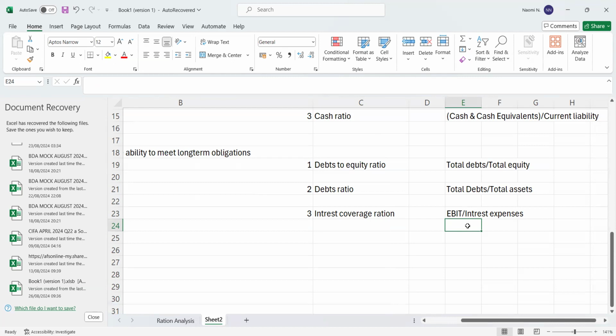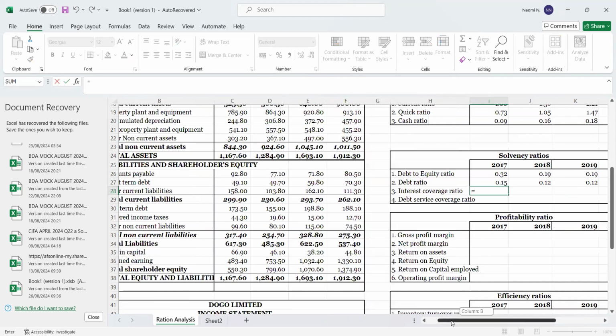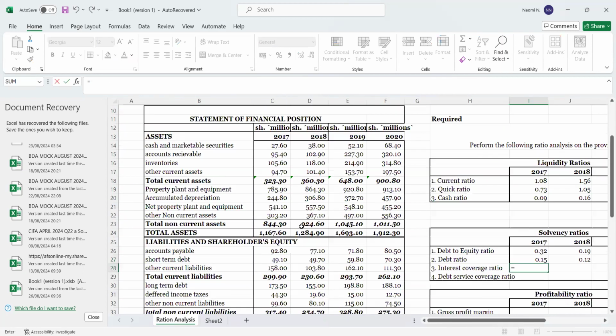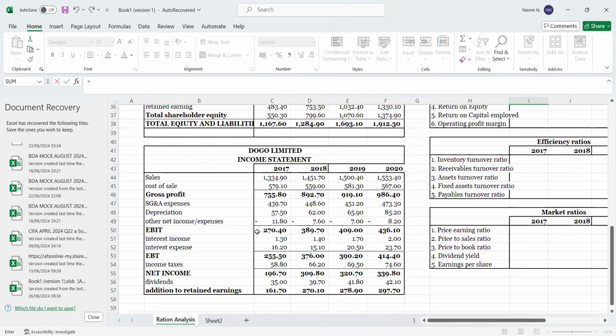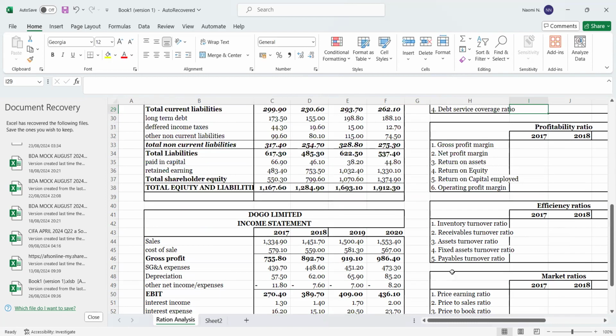How we calculate it is EBIT, earnings before interest and tax, divided by interest expense.